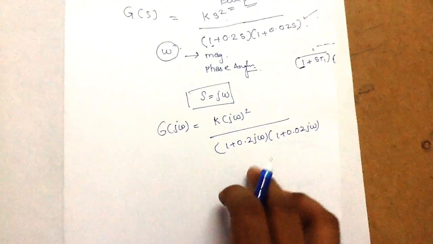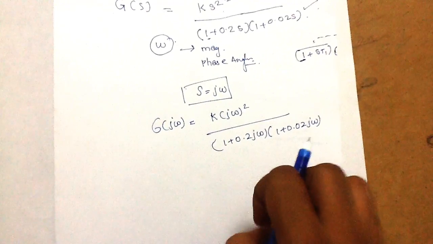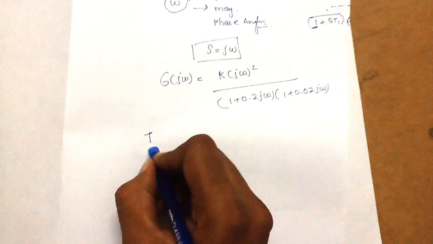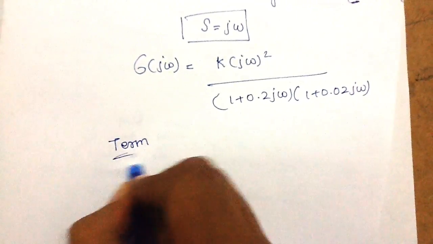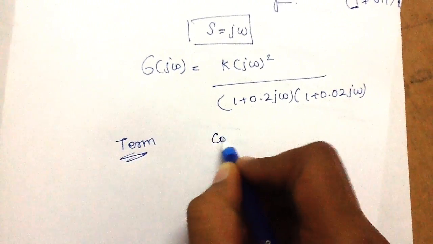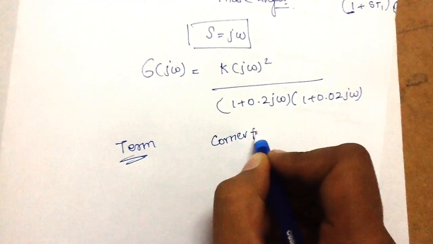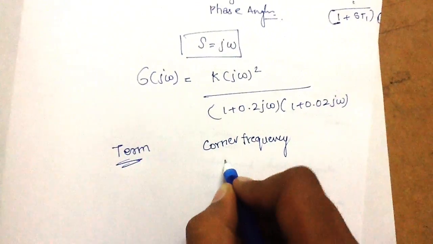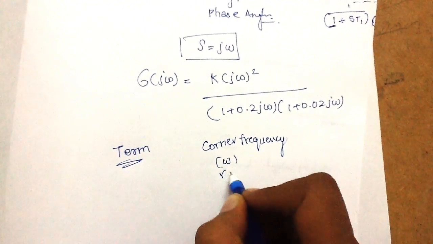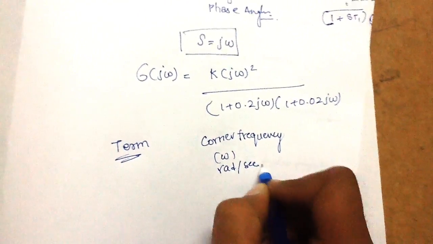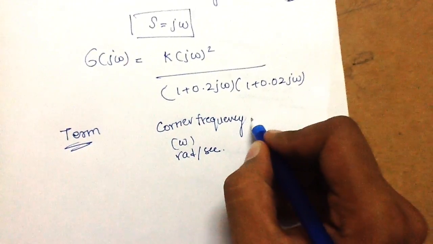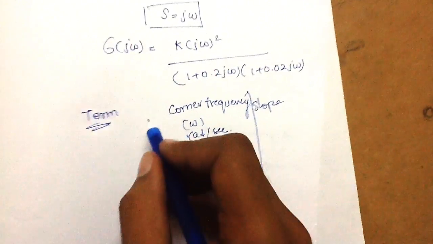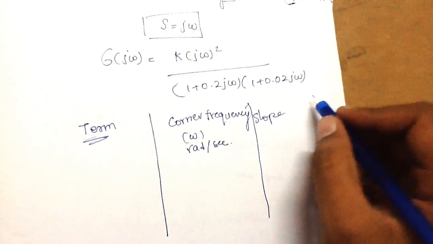Now you need to find out what are called corner frequencies. So let me make a table for these. Let me write something like term and corner frequency, which is omega measured in radians per second, and then comes your slope. Let me divide a column in here, making it more clear.